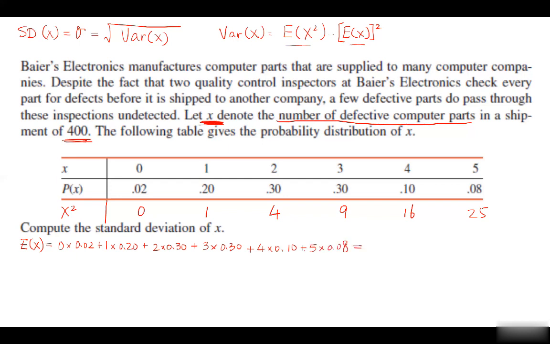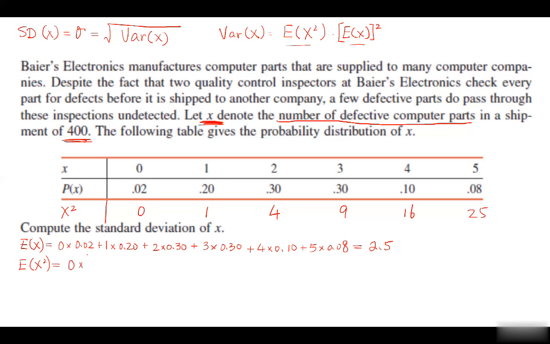So what is the number here? The number here is 2.5. Okay, and then we need to calculate the expected value of X squared, which, according to the definition, is values times their corresponding probabilities and then summed.